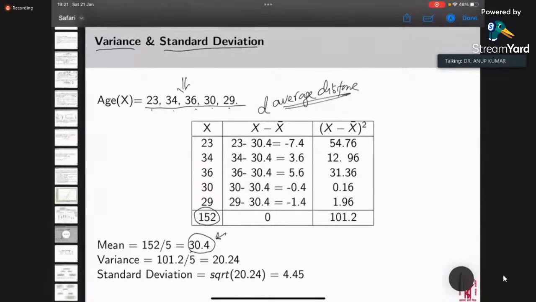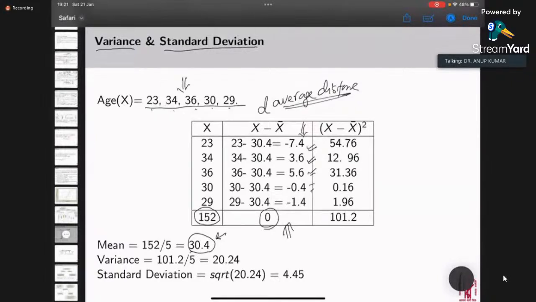When you find the differences, some of them are positive, some negative, and whenever you add all these differences, every time you are going to get 0. This is the property of the mean: if you subtract all the observations from the mean and sum them, it will be 0.